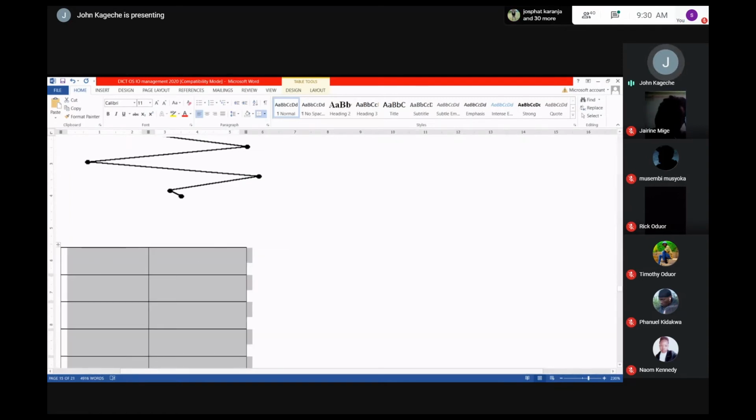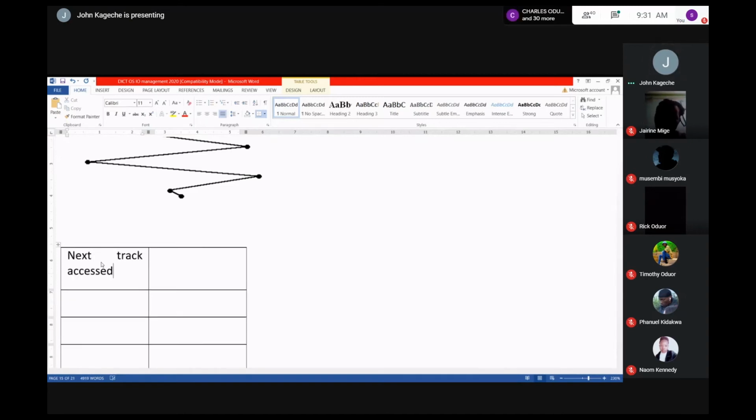So you'll be looking at this diagram. For example, you have what you call next track accessed, and then here you will talk about the number of tracks traversed.